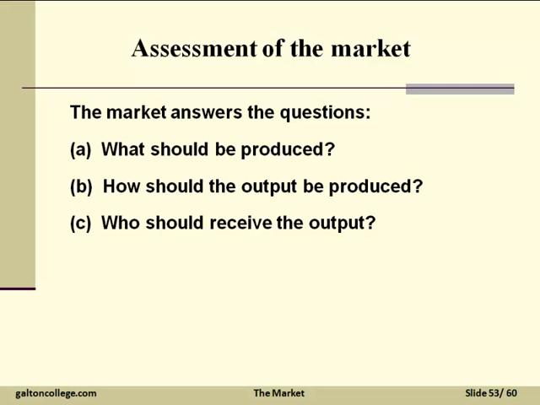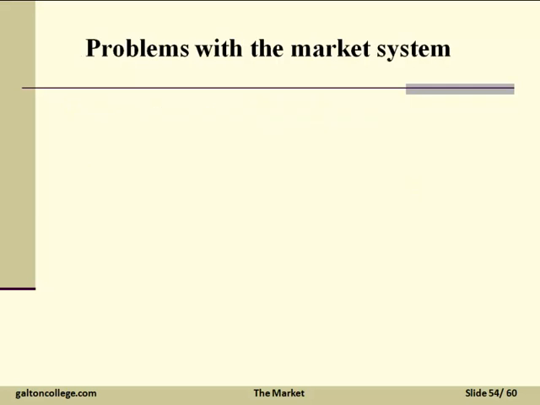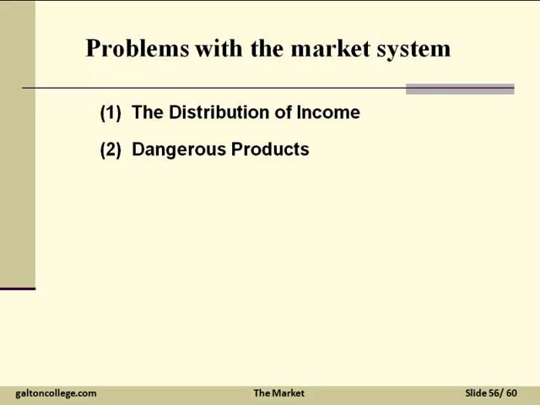Now there are some problems with the market system. So let's have a look at those briefly. First of all, the distribution of income over time can change. In other words, some people can become very rich over time and some people can become quite poor. And the market will not correct for this. The market might produce dangerous goods.